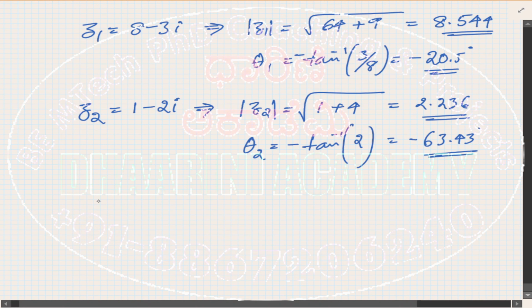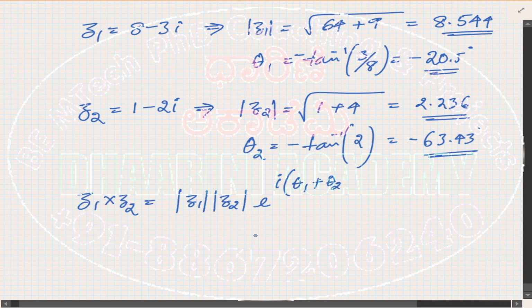Okay, so using them we can calculate the required answers now. If you want z1 into z2, this should be equal to magnitude z1 into magnitude z2 into e to the power I times theta 1 plus theta 2.